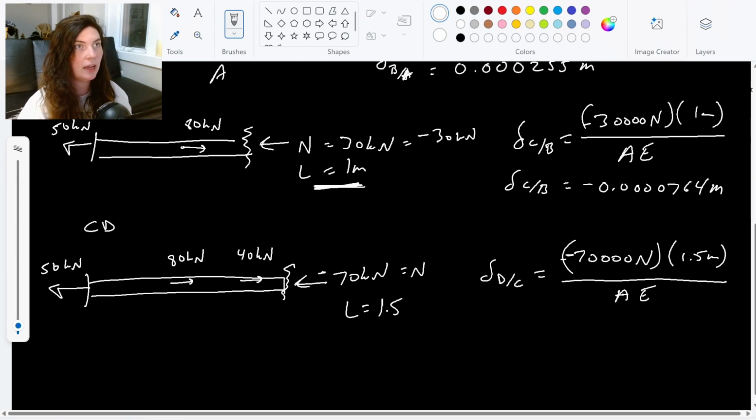I punch all that in my calculator, and I'm going to get that my displacement here of D with respect to C is negative 0.000267 meters.